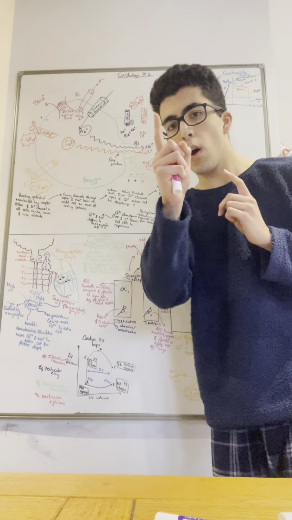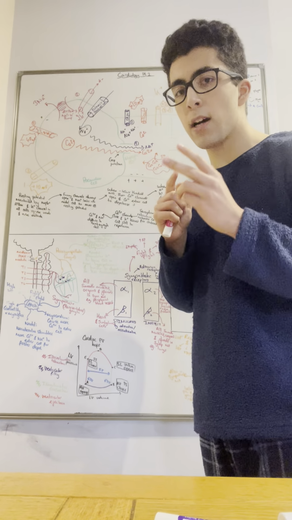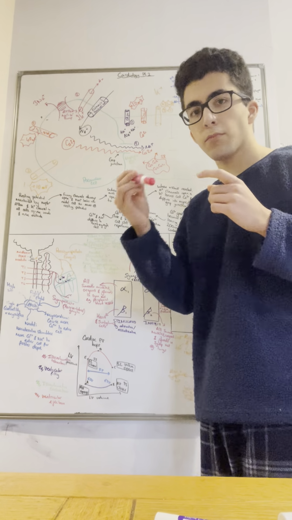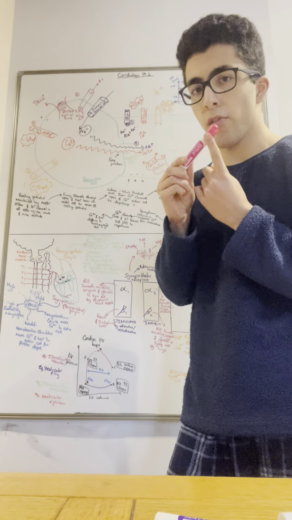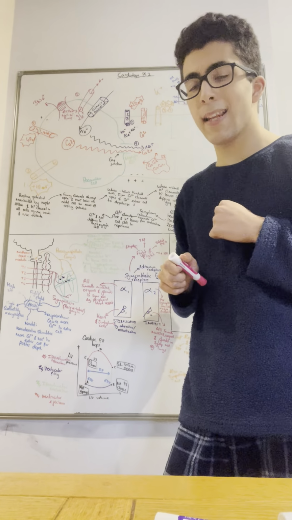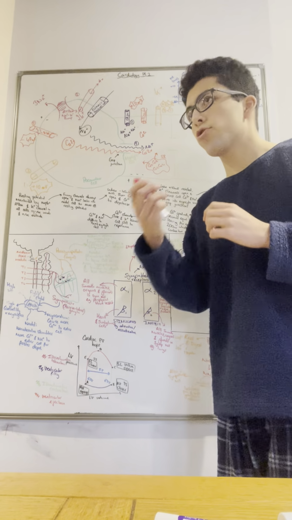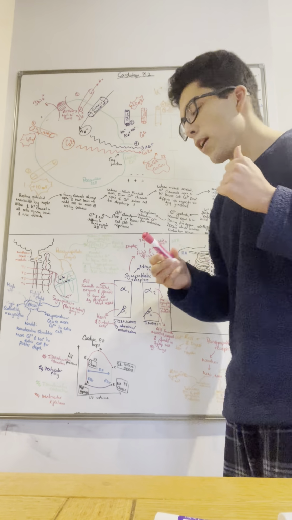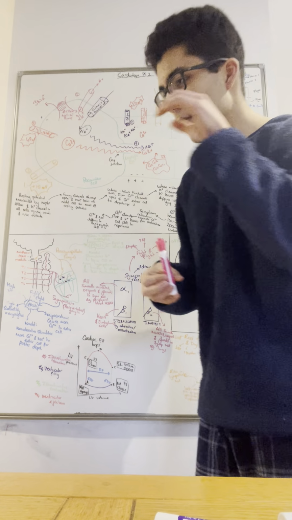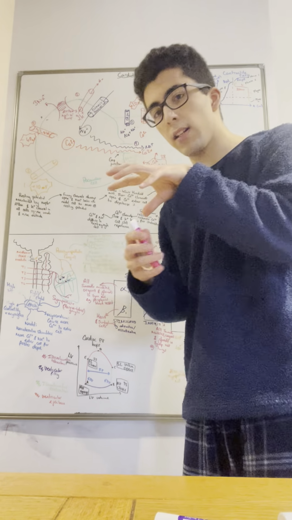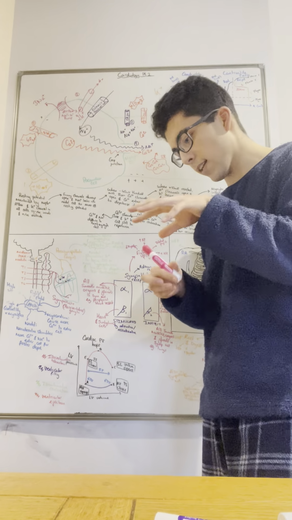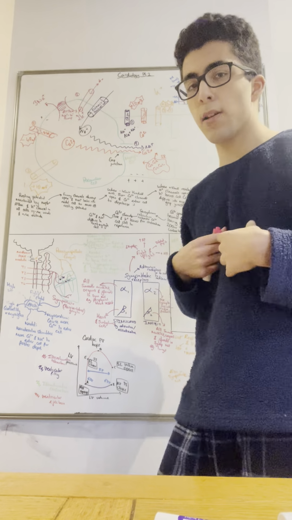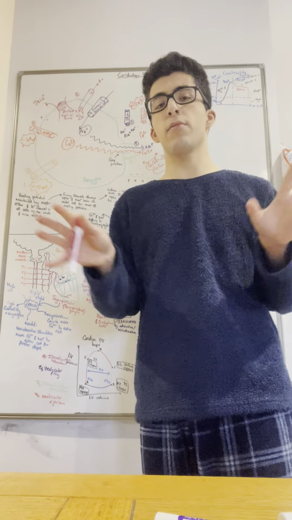However, there is one case where we don't have a postsynaptic neuron. Okay, and that's when our presynaptic neuron goes straight to the adrenal gland. Okay, so our adrenal gland is where adrenaline is secreted. So when our presynaptic neuron synapses with our adrenal gland, it tells our adrenal gland to let out some adrenaline into the blood. So adrenaline goes into the blood and it can have a whole body effect.